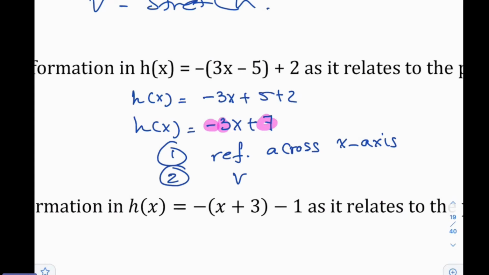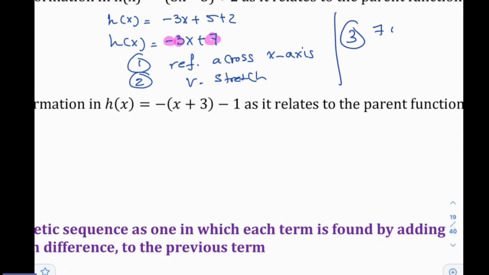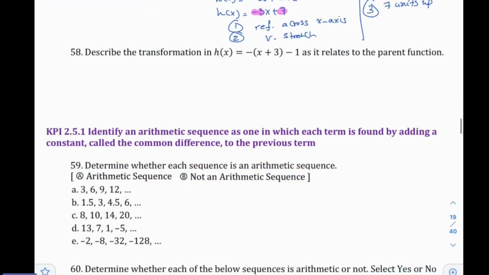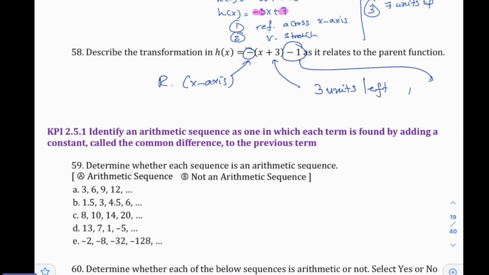Number 2, we have a vertical stretch. And number 3, we have 7 units up because it's not grouped with that one. Let's check this one. The minus sign is reflection across the x-axis. The 3 added inside the bracket means 3 units left. And for the minus 1, 1 unit down.